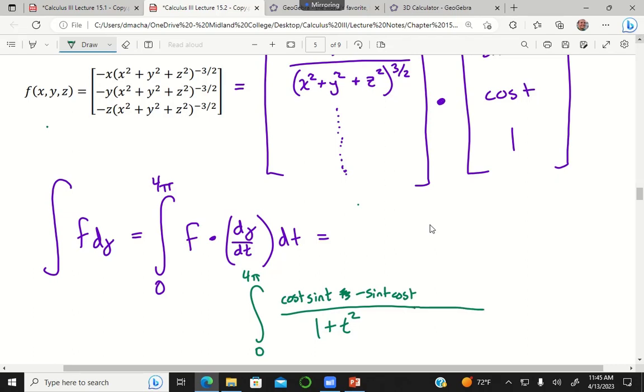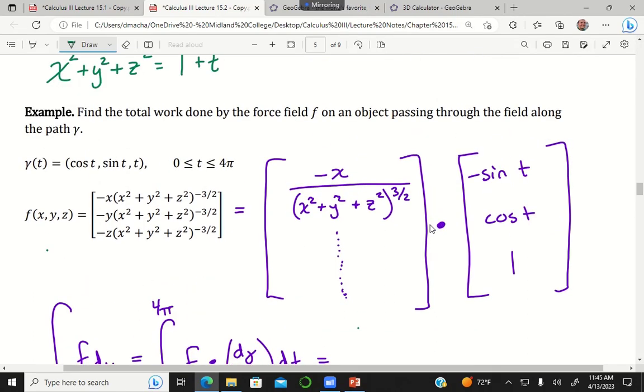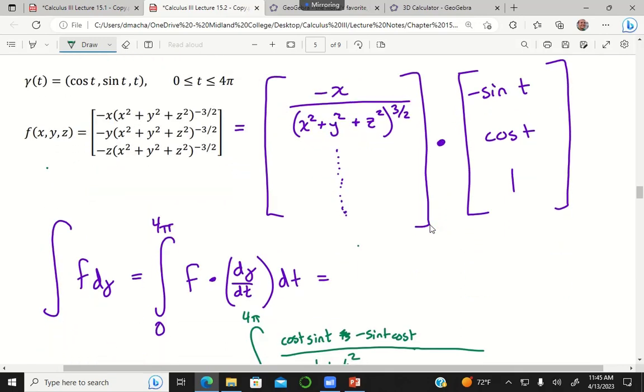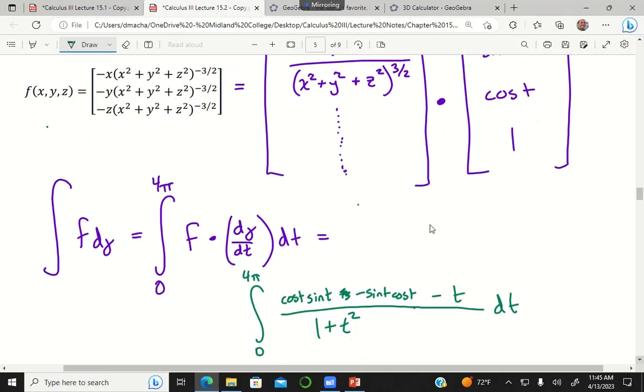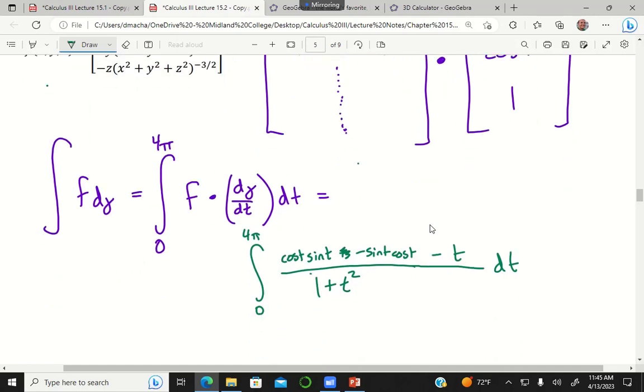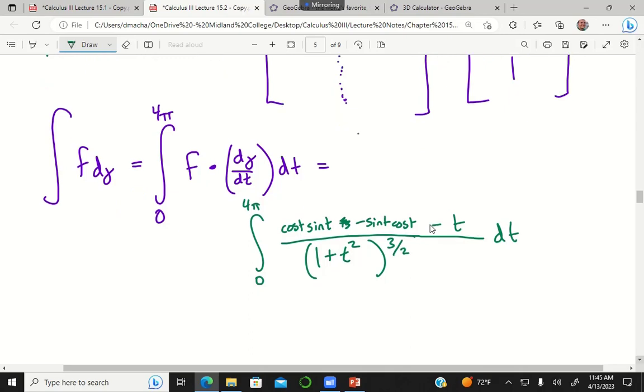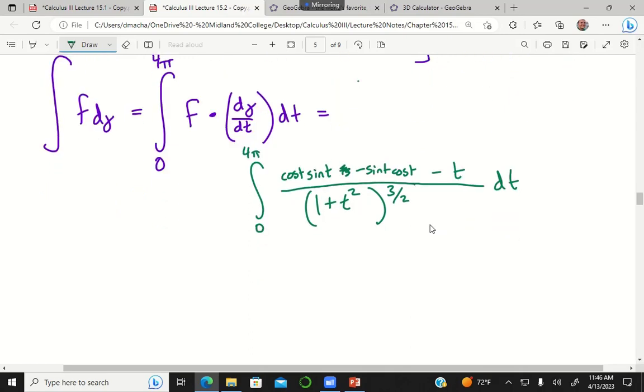And for my third entry, I have negative z, which is negative t, times 1, so it'll be minus t. Obviously, part of that cancels.